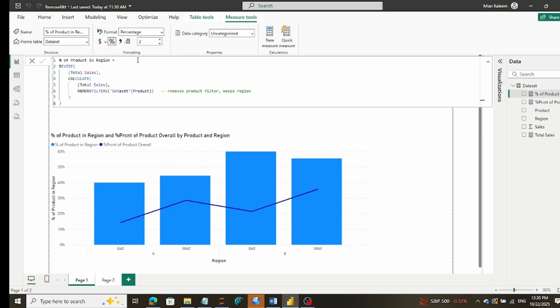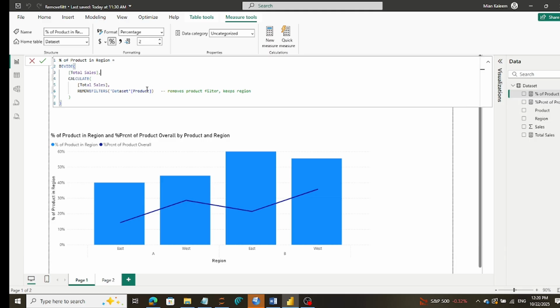Here we are using percentage of product in region, equal to divide total sales, that is our first measure, by calculate total sales with remove filters on the products table.